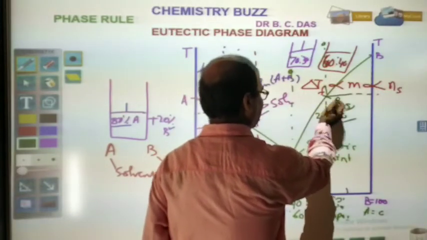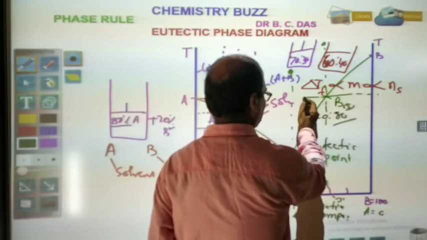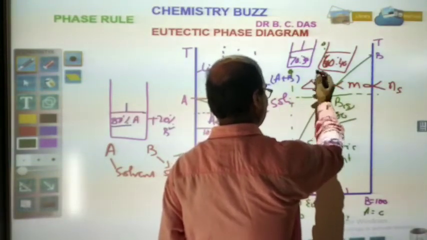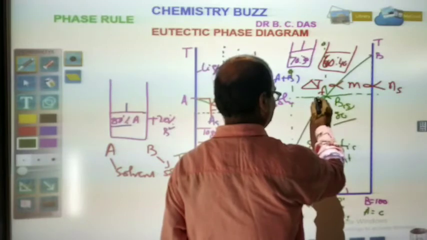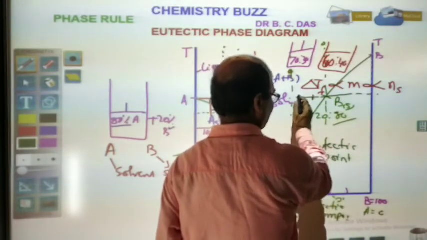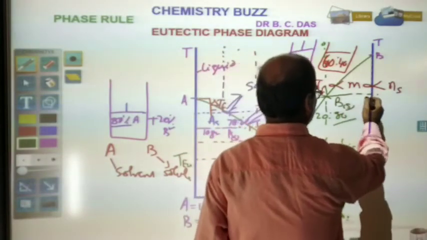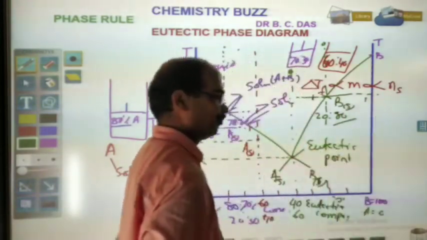As some amount of B separates out from the solution, the percentage composition of the solution will change, maybe somewhere here, and this composition of the solution and the solid B are in equilibrium corresponding to this temperature.